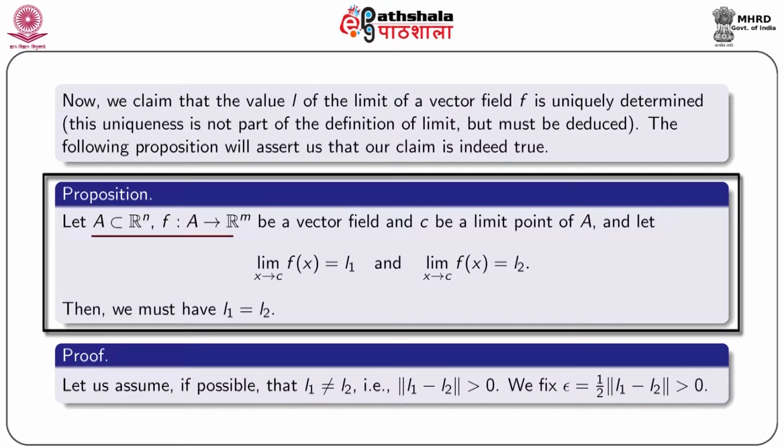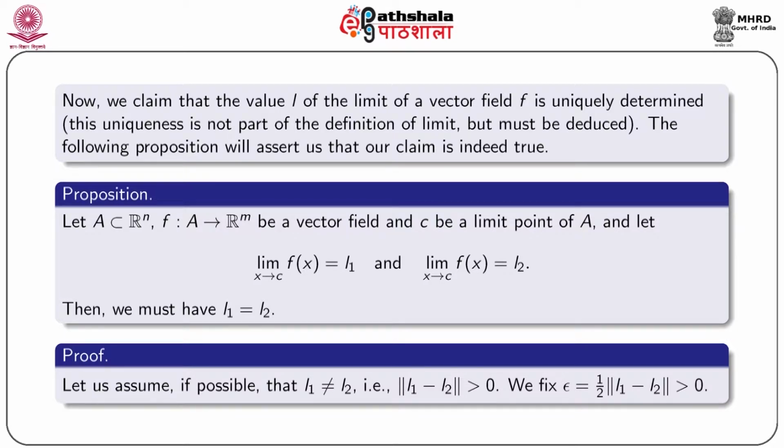Let A be a subset of R^n, f a map from A to R^m, that is a vector field defined on the set A, and c be a limit point of the set A. We further assume that limit of f(x) as x approaches c equals the vector L1 as well as the vector L2, where both L1 and L2 are vectors in R^m. In such case, we must have L1 equal to L2. That is, the limit must be unique whenever it exists.